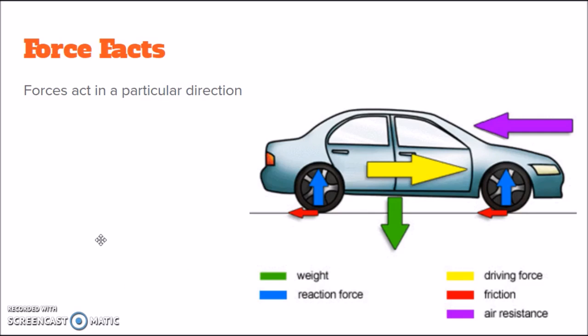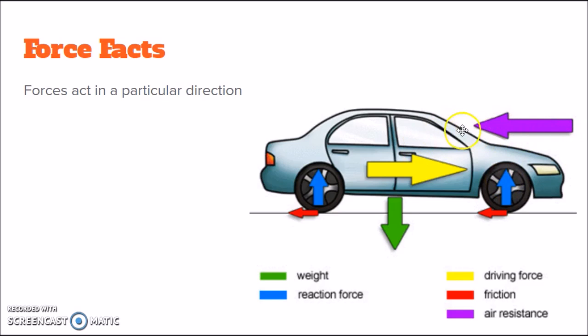Forces act in a particular direction. You remember that from the definition of a force. These little arrows show different forces that are acting on a car. When the car's moving forward, it's got a driving force pushing it forward, but the air, you ever stick your hand out the window of a car when it's going, you can feel the air push your hand back.